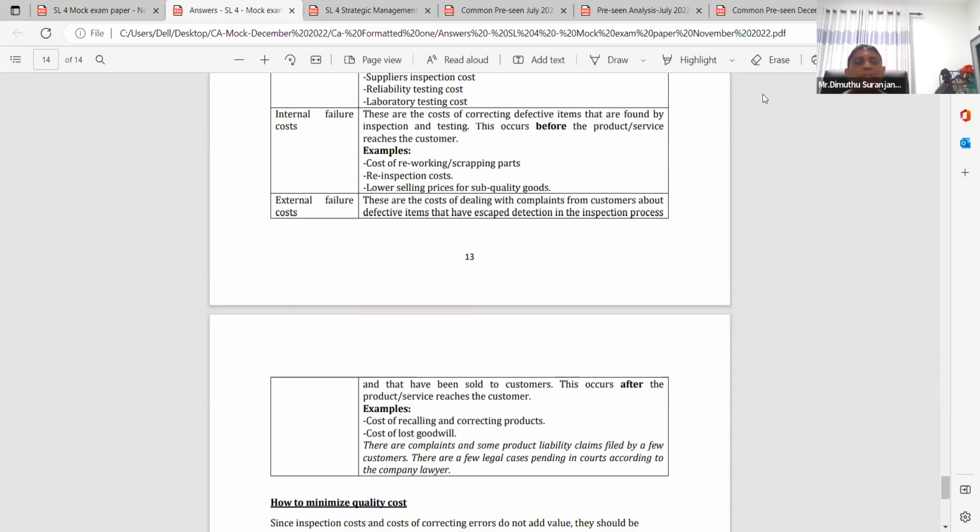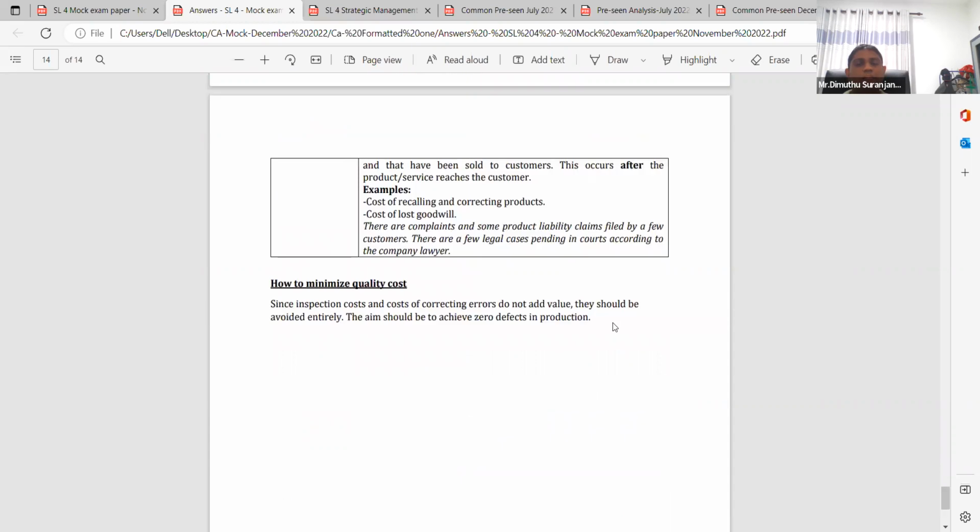In external failure: cost of recalling and correcting products, cost of lost goodwill. This is theory. Now, how to minimize quality costs? Since inspection costs and the cost of correcting errors do not add value, they should be avoided entirely. The aim should be to achieve 0 defects in production.